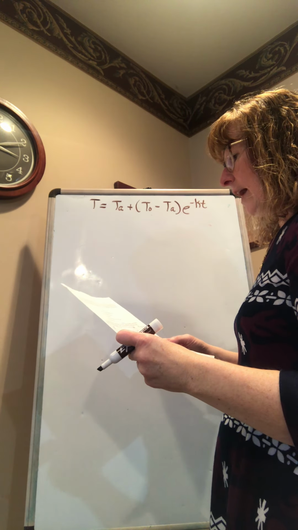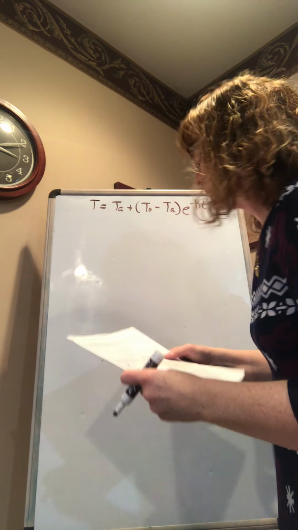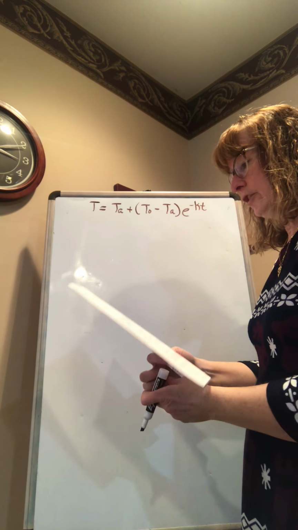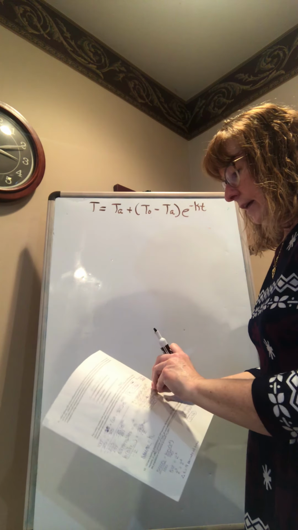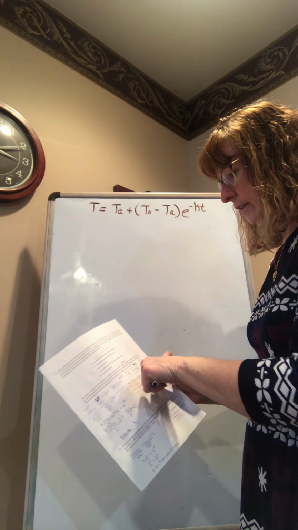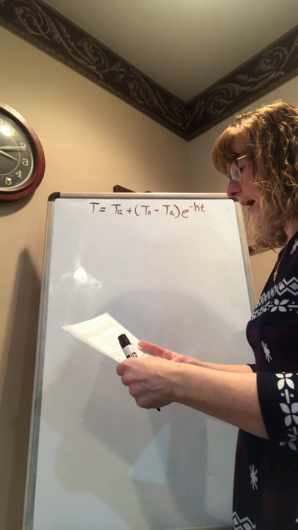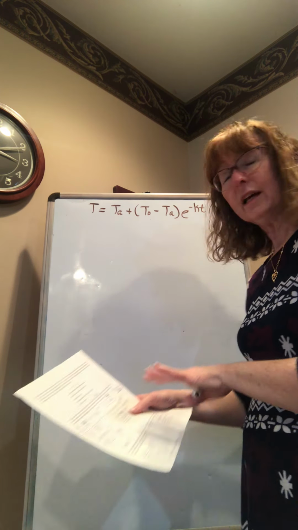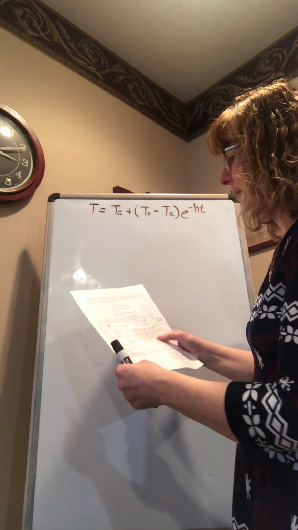So the T of A is the temperature surrounding the object. T of 0 is the initial temperature. t is the time, the temperature after t hours, and k is the decay constant. That is a lot of information in this problem.